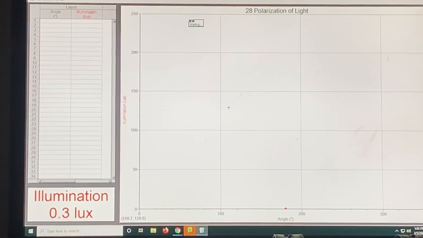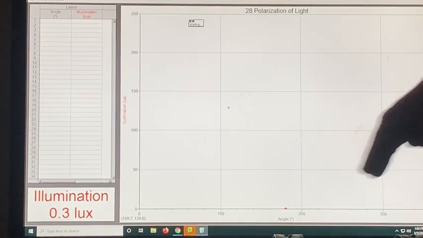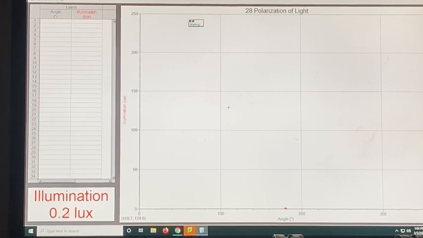Now I can just rotate this, and I'm not going to do anything other than rotate it. As we see, we get nothing. Nothing changes. The light for that setup is 0 the entire way.